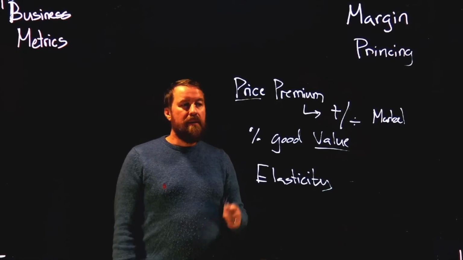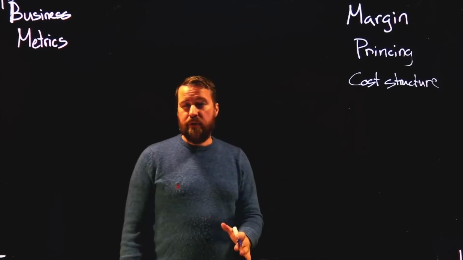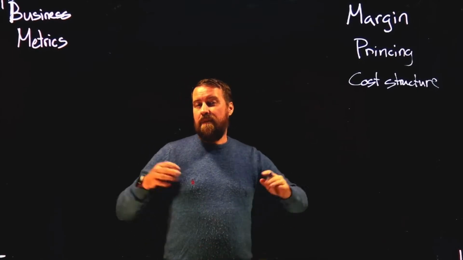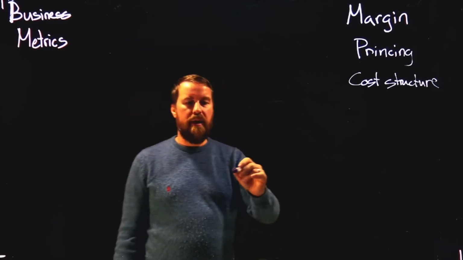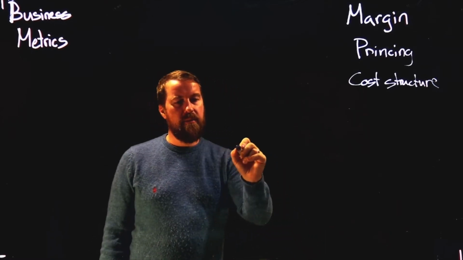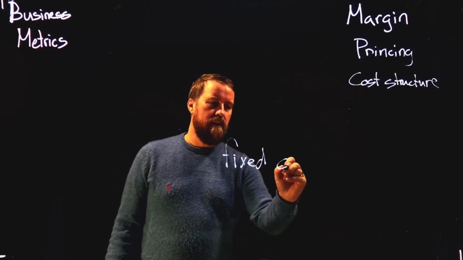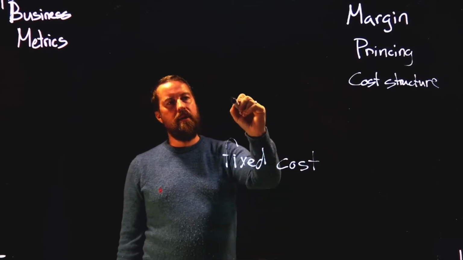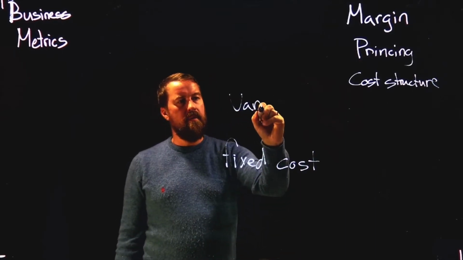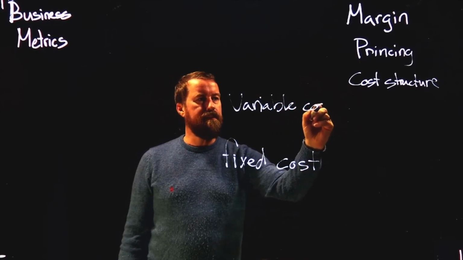All right, next one, cost structure. The cost structure comes in two classic separate parts, at least from basic economics: our fixed costs and our variable costs.